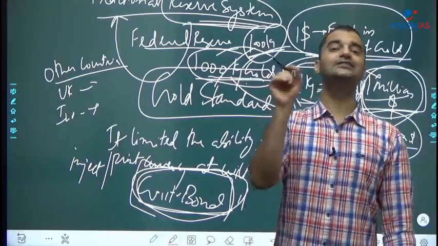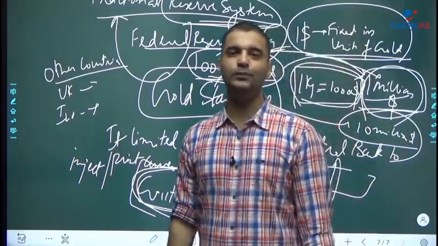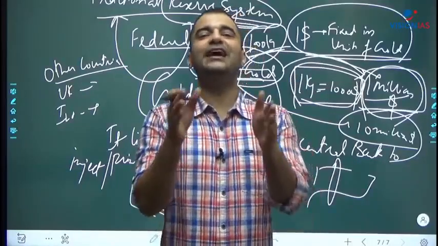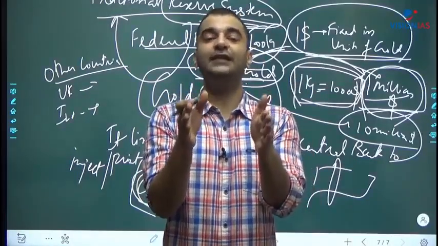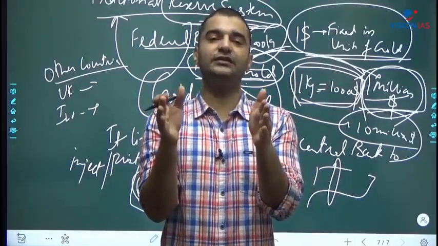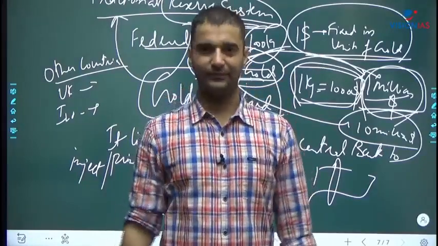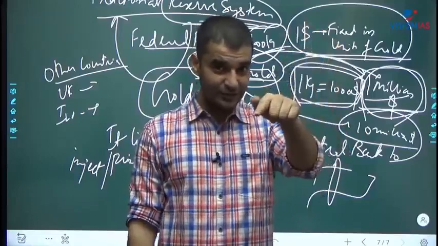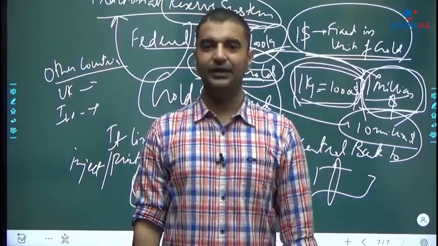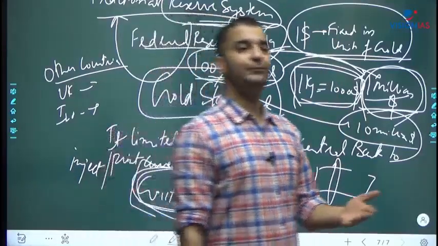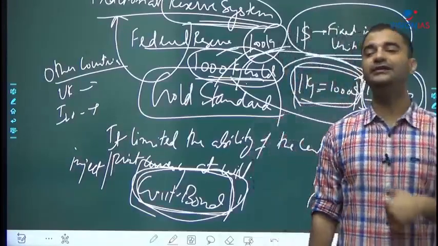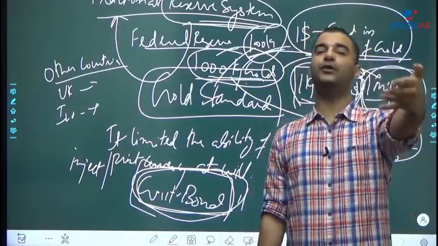It is assumed that only 10% of currency, 10% of money which is there in the economy will be required by people to withdraw. And that is why reserve deposit ratio was 10%. It is assumed that people will need only 10% of money which they have deposited.